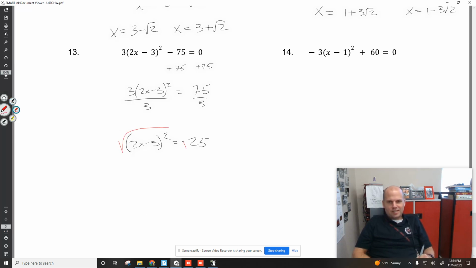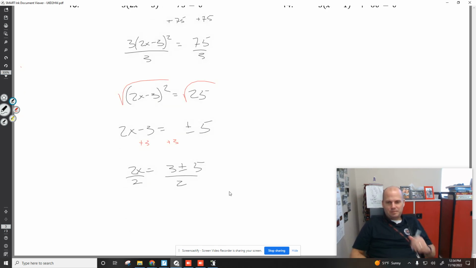Square root both sides. Now, what's going to be different about this? I'll show you. Square root of 25 is 5. Add 3. Divide everything by 2.